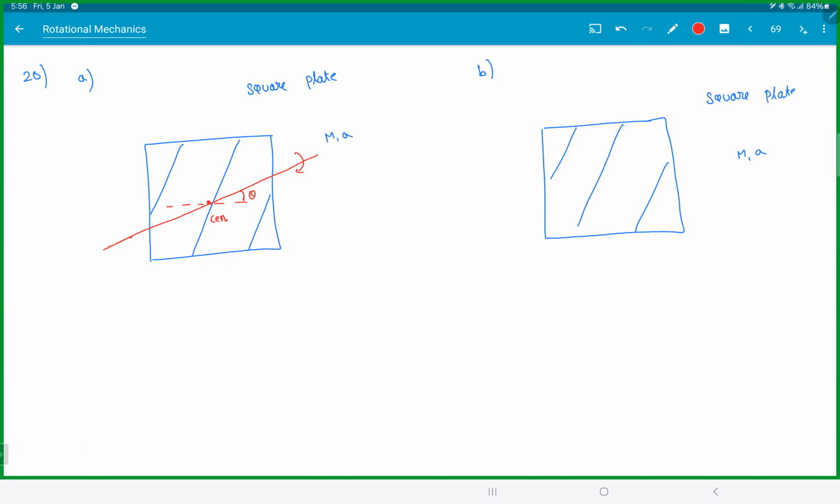This is the center. This is the axis in plane. Axis passing through the center of the square at an angle theta. This is an axis at an angle 15 degrees passing through the corner. Find the moment of inertia. Yeah, try. I'll give you 2 minutes for both.